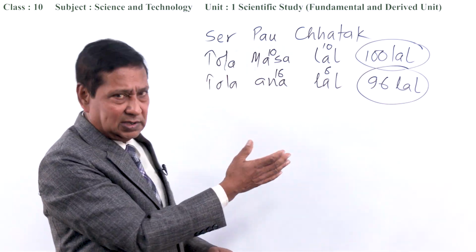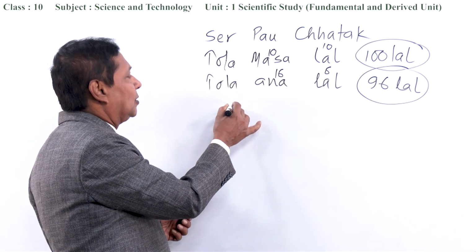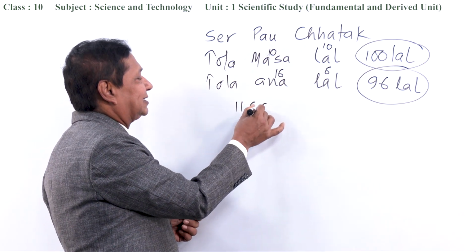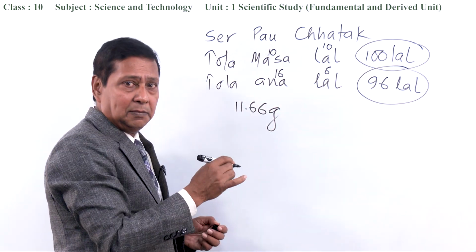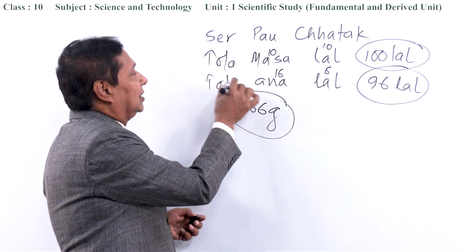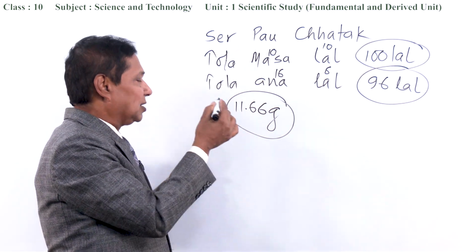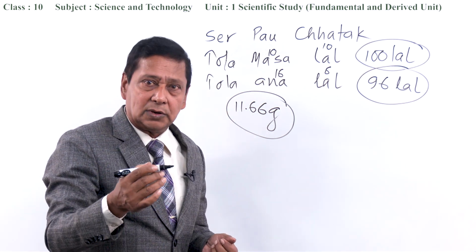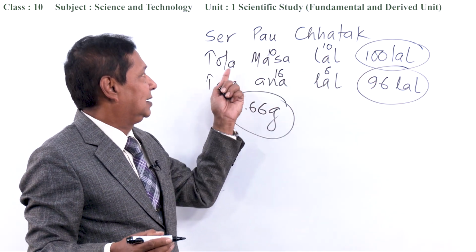That's why this system is being removed. 1 tola is about 11.66 gram. But nowadays, instead of tola, we are using gram also, and it will be better to use gram instead of tola, because we have confusion like this.